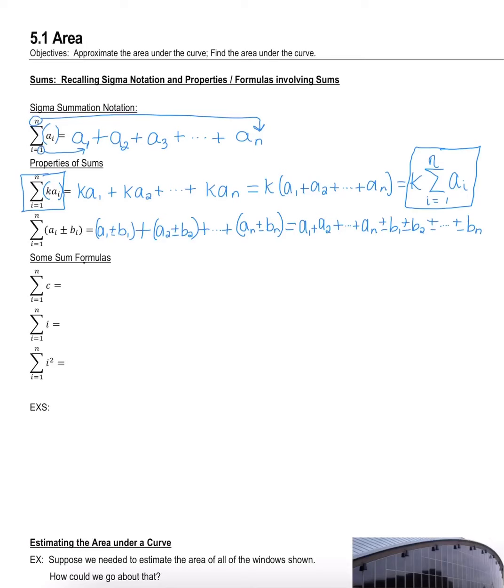Well, if it's addition, it's no big deal, but if it was subtraction, we would have to think about factoring out that negative from all of the b sub i terms here.